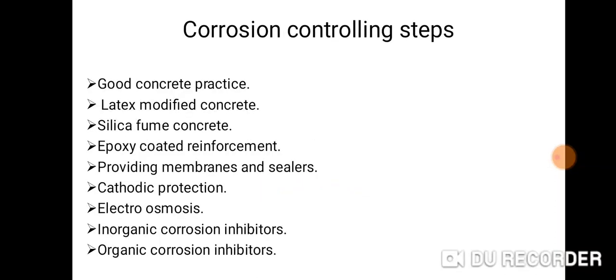Corrosion controlling steps. These are some steps to control the corrosion in reinforcement. Good concrete practice, latex modified concrete, silica fume concrete, epoxy coated reinforcement, providing membranes and sealers, cathodic protection, electro osmosis, inorganic corrosion inhibitors, organic corrosion inhibitors.